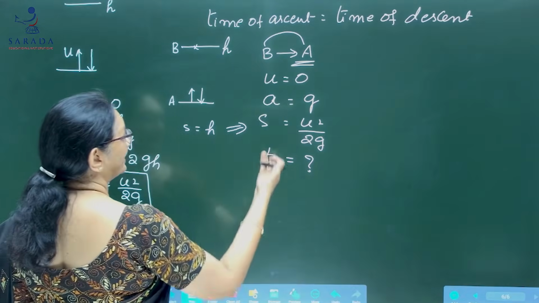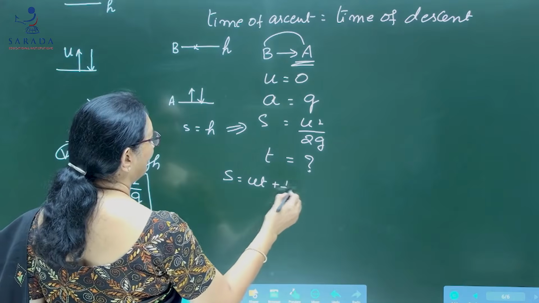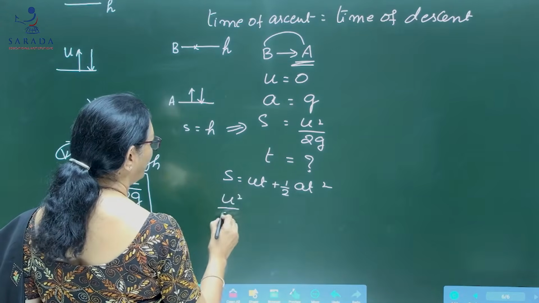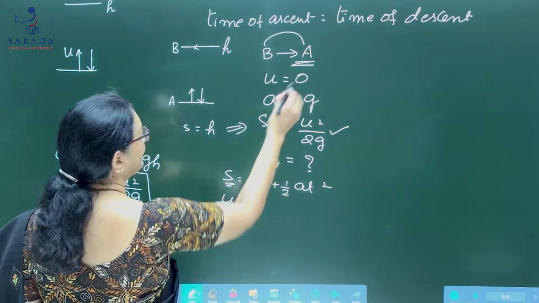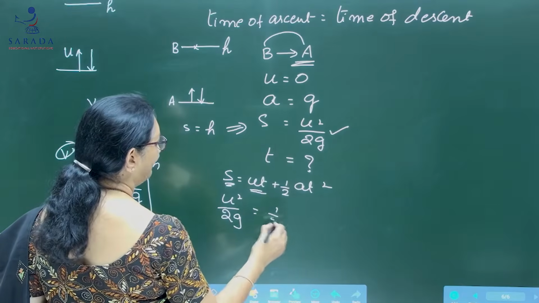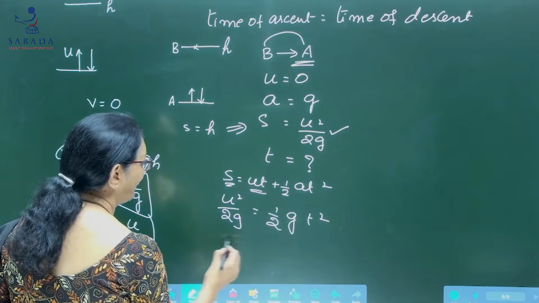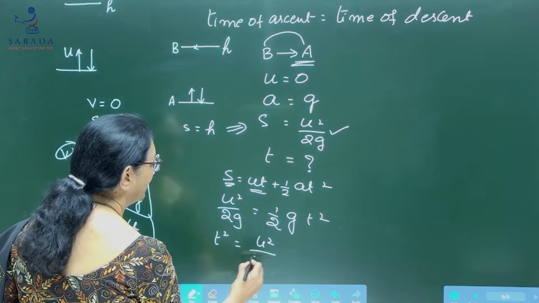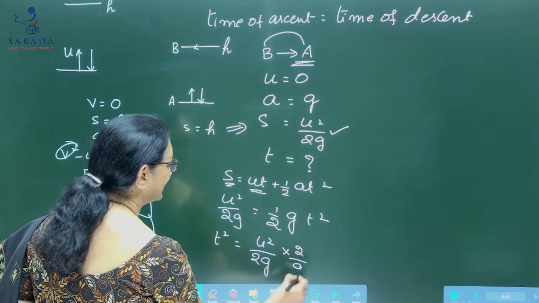What equation connects them? S is equal to ut plus half at square, implies u square by 2g is equal to, u is 0, half g t square. If you apply cross multiplication, t square is equal to u square by 2g into 2 by g.